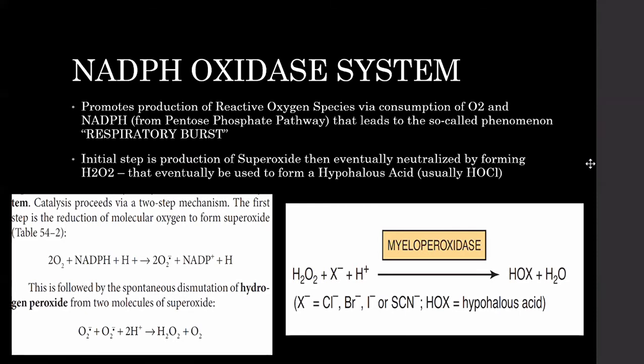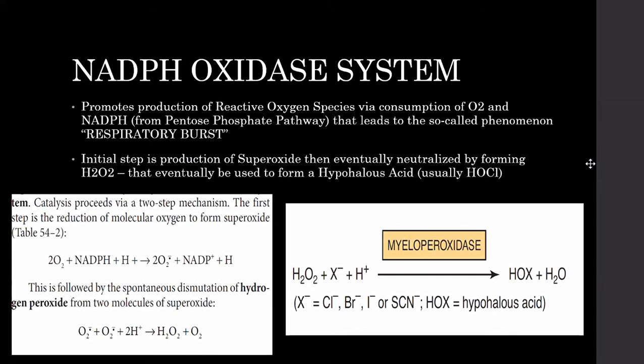Okay? Do not interchange the two. The NADPH oxidase system is the one responsible for producing your reactive oxygen species and initially stabilizing them. It all happens inside the phagosome.